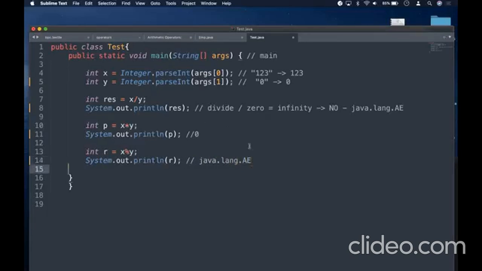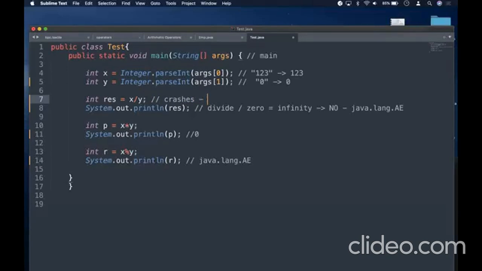But now for this program, what happens? Whenever x by y is divided by 0, at this instance itself the program crashes, because the result is infinity and that infinity has no representation.